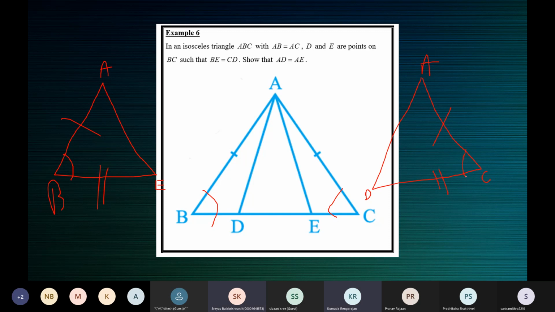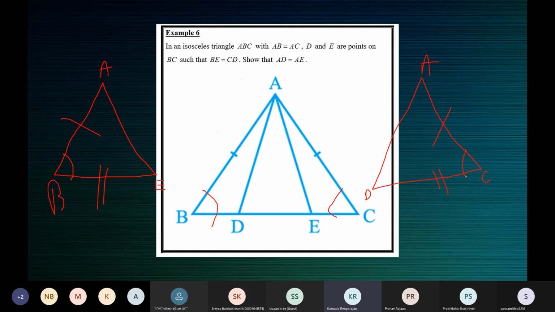What is the congruence rule? SAS. Yes, side angle side. SAS congruence criterion, the two triangles are congruent to each other.